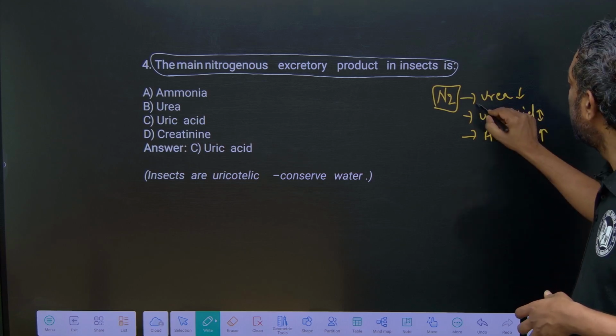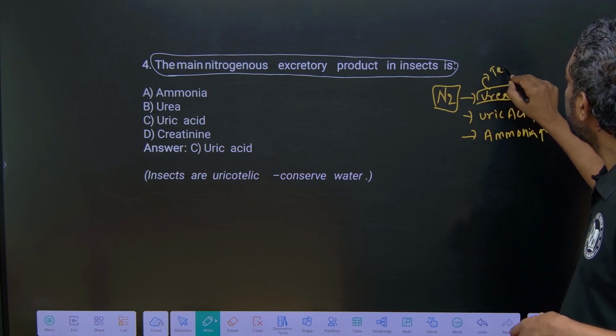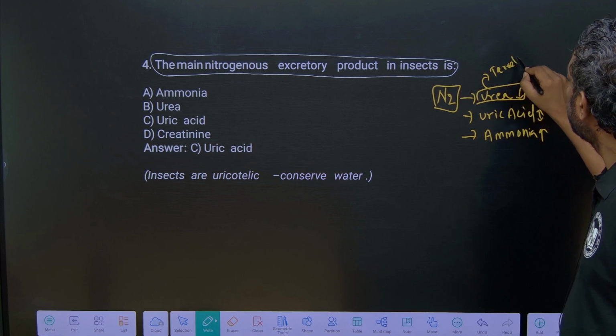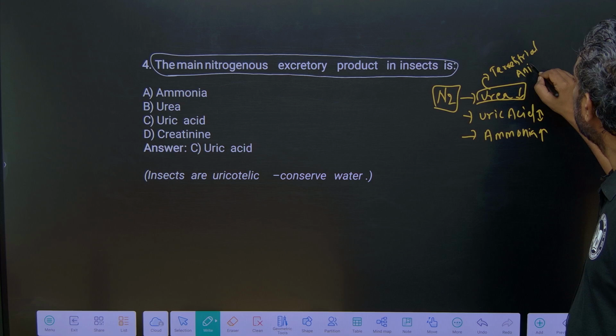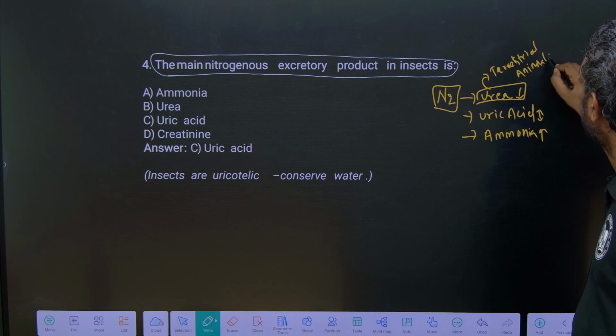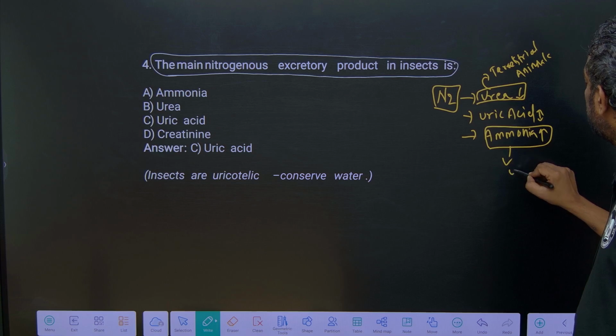So urea is produced mainly by terrestrial animals, and ammonia mainly by water animals.